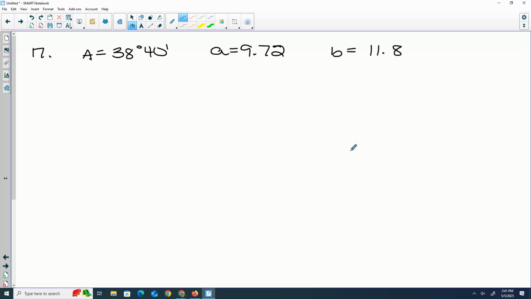We're using law of sines basically anytime we have an angle side pair. Because I have both angle A and side A, that's a good indicator the law of sines is going to be helpful.